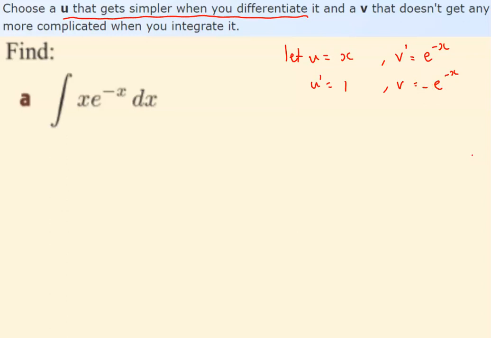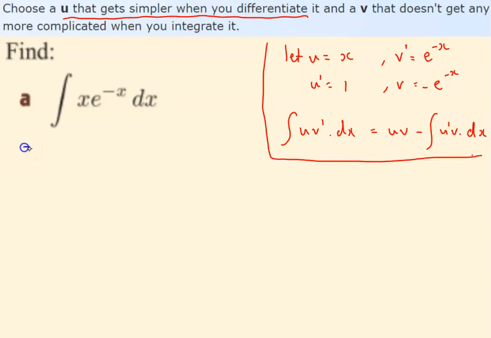Now let's look at the formula again for integration by parts. The integral of u times v' becomes u times v, the original two functions, minus the integral of the opposite pairing, u'v with respect to x.